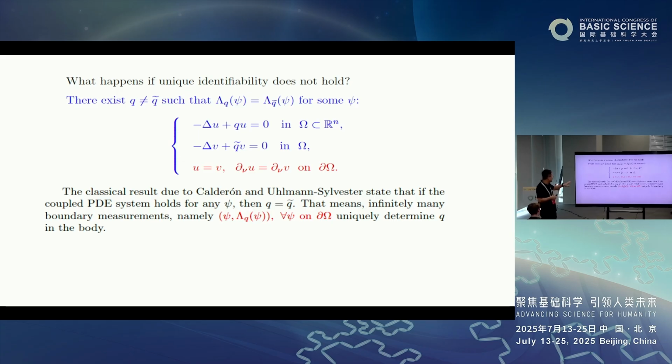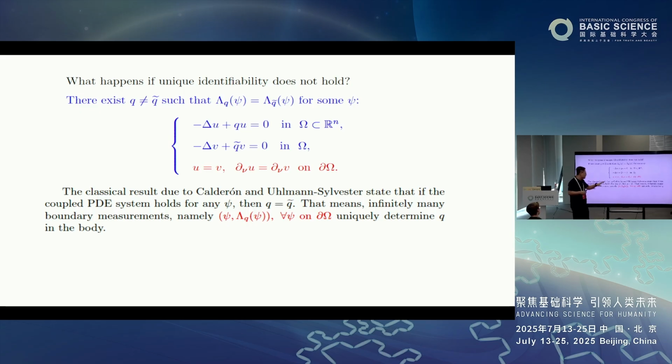They state that if this coupled PDE system holds for any phi, that means it holds for infinitely many solutions, where you specify any input, U and V could be arbitrary, and you always get the same output, then this classical result states that Q must be identically the same as Q tilde.